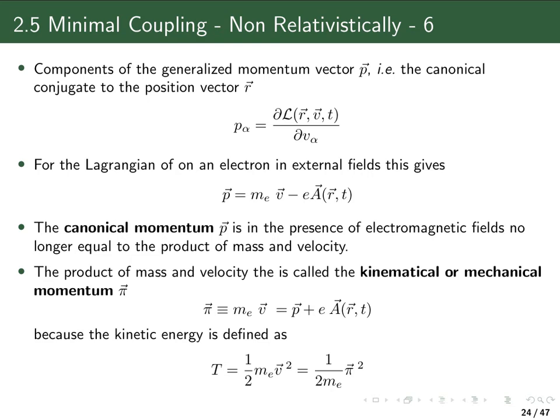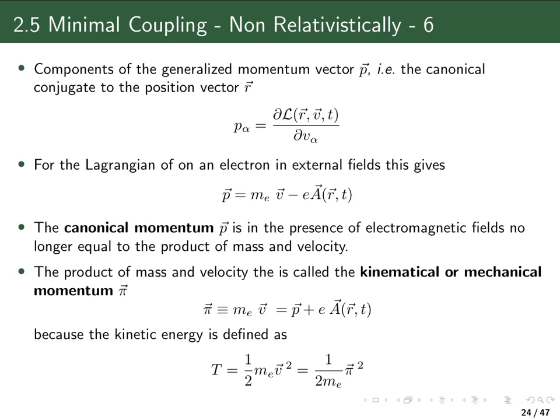Another exercise which you're going to do shows you that if you do that, then you find that the canonical momentum is the mass of the electron times the velocity minus the elementary charge times the vector potential.